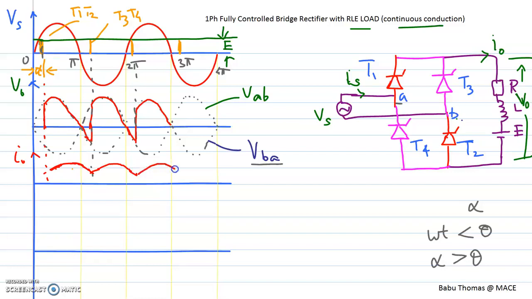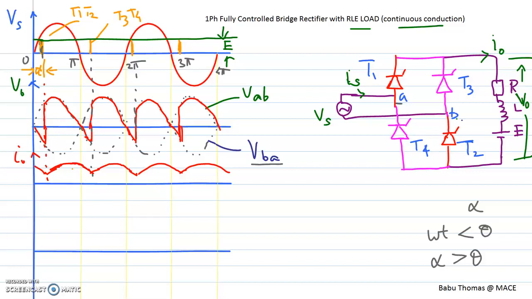So this will be repeating like this, and from 0 to alpha also I can plot the current waveform like this and your voltage waveform like this. So this denotes the entire working principle of the system.